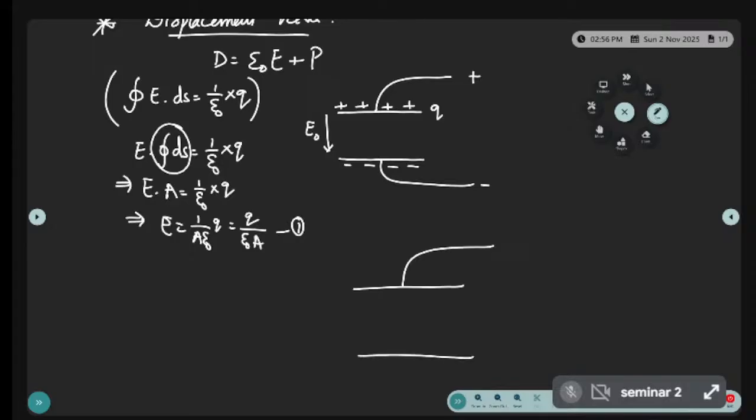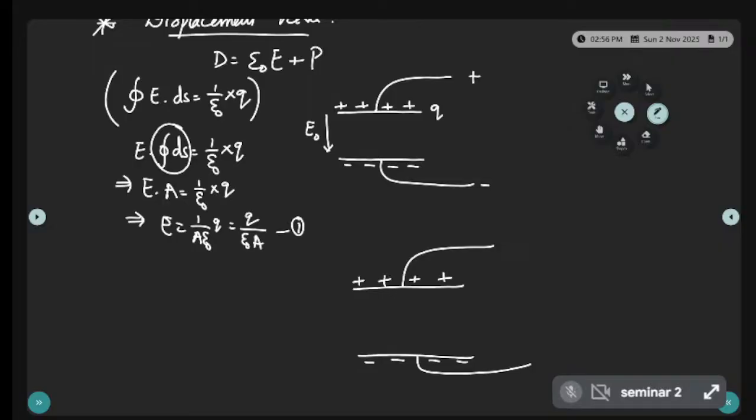Same diagram with a small change. This field is E naught, we said. Same diagram, copy it forward. What I do? One material is introduced.